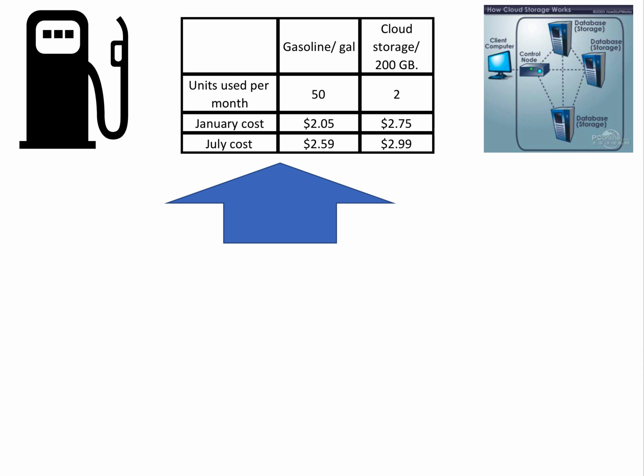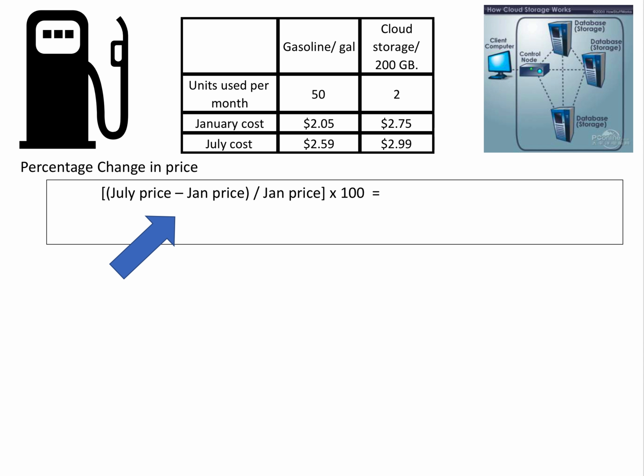And we see the original cost is $2.75, and then in July it's $2.99. So what we want to do is see what the percentage change in price is. That's what we're looking for.